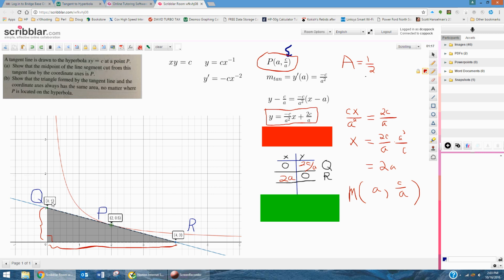Well, it's the y coordinate of Q, which is 2c over a. And what's the length of this triangle? Well, it's the x coordinate of R. The x coordinate of R is 2a.